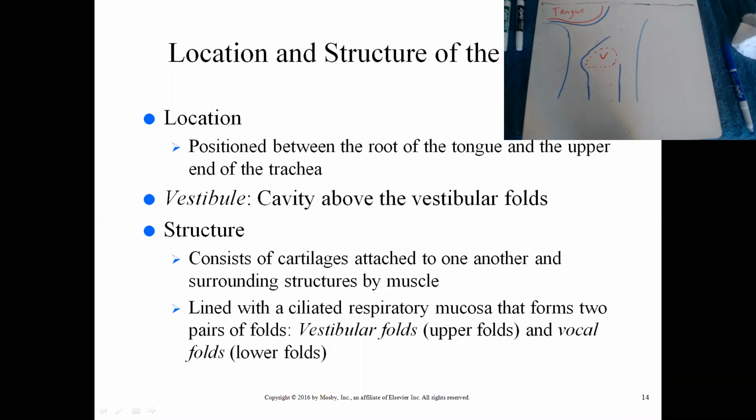Now, inside the larynx, there's of course some mucosa, as all the other parts have. And otherwise, the only major structures are what we call the folds. So the folds are literally like folds of tissue inside the larynx.